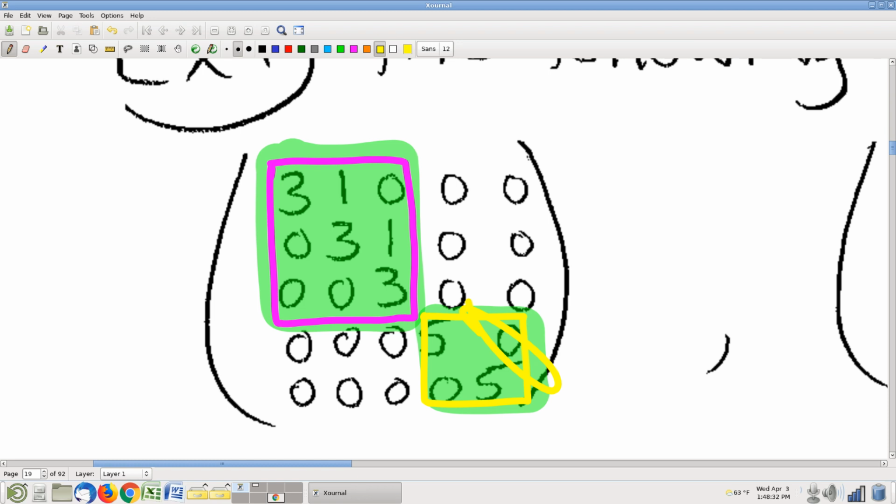There is an entry just above the diagonal in this would-be basic Jordan block. It would be required to be 1, but it isn't. So that is not a basic Jordan block.